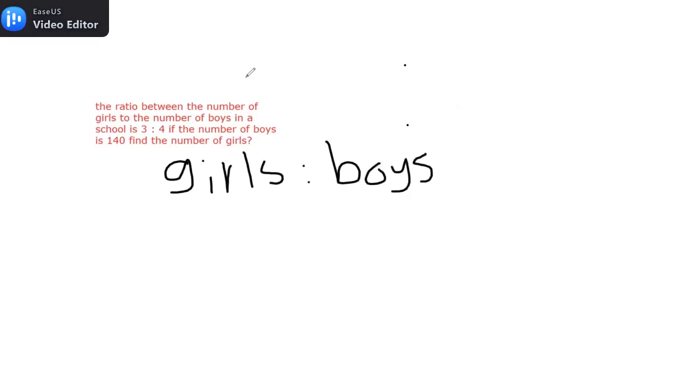So we can organize our solution as follows. Ratio in words, girls to boys. Then the ratio in numbers, 3 to 4. Then the real values. Which real value do I have? Yes, the number of boys, which is 140.